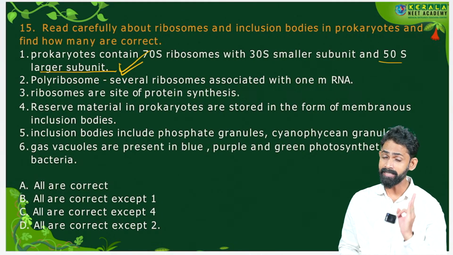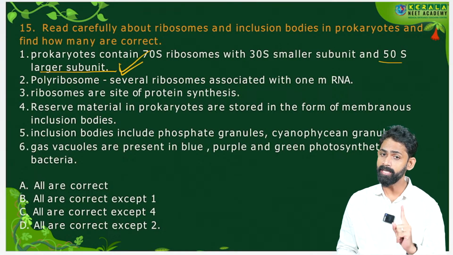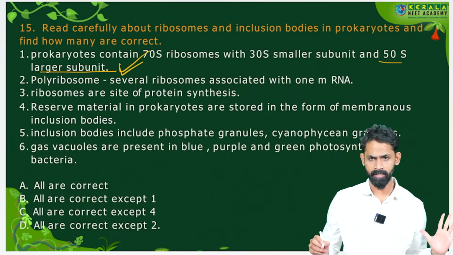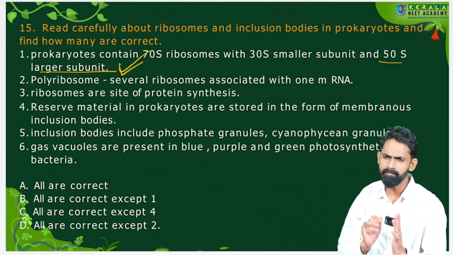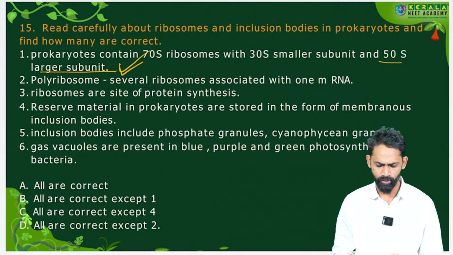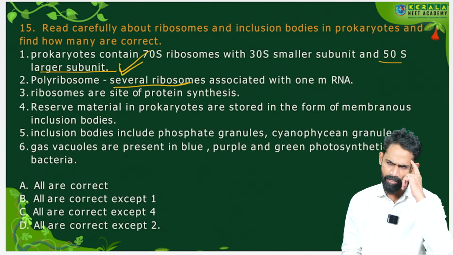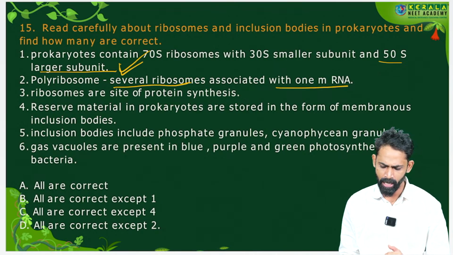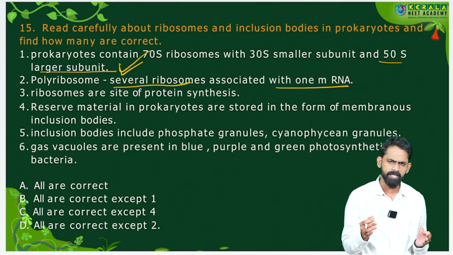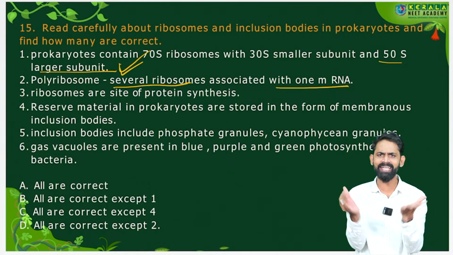Polyribosome is a characteristic feature of prokaryotes. There are 2 words, polyribosome or polysome. The second one is polycistronic. These two are characteristic features of prokaryotes. Several 70S ribosomes associated with one mRNA make translation more efficient.